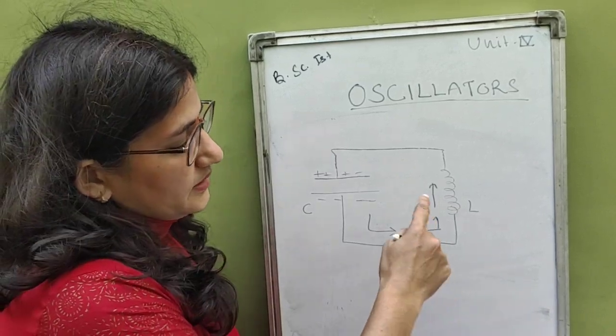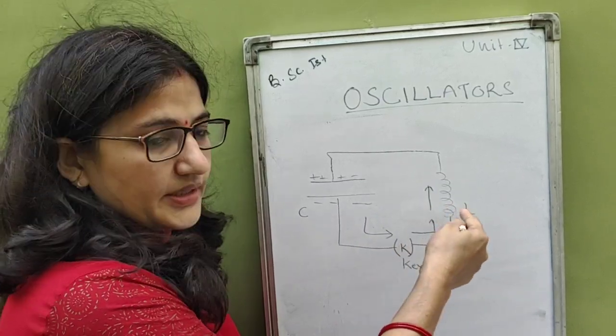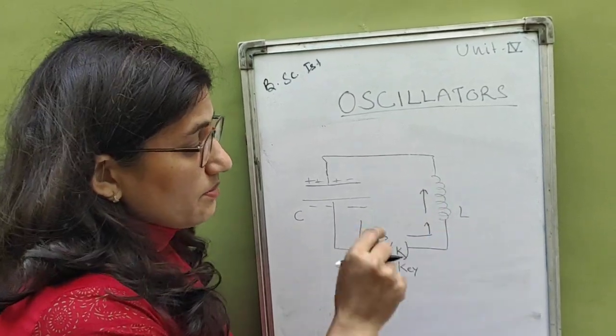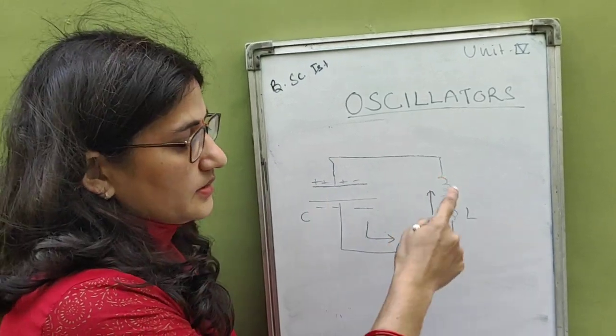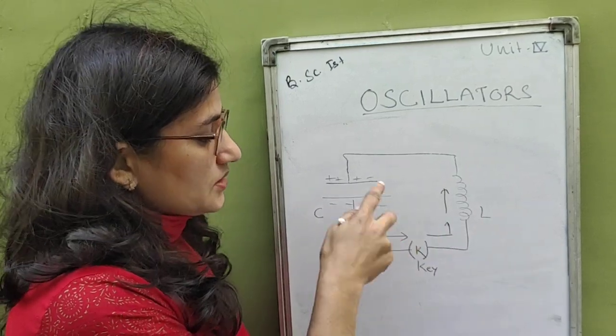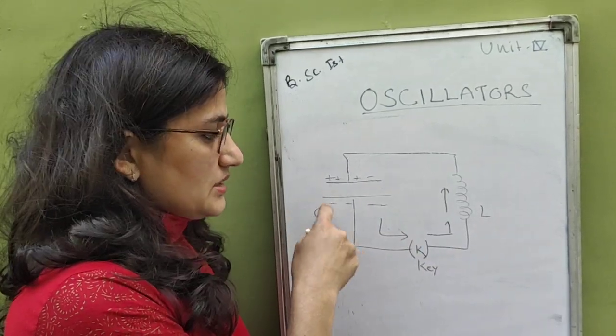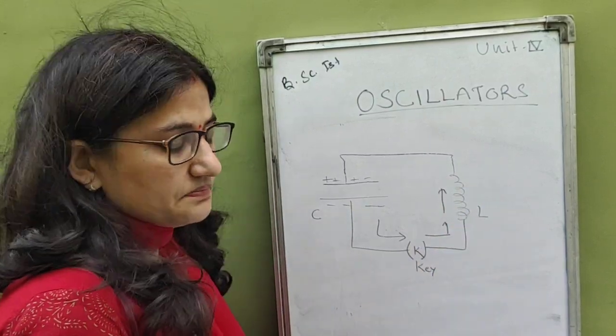When the current reaches its maximum value, the magnetic energy is maximum. It means at this moment the capacitor is fully discharged and the energy of the inductor is maximum. In this position, the capacitor has zero energy, meaning electrostatic energy is zero and magnetic energy is maximum.